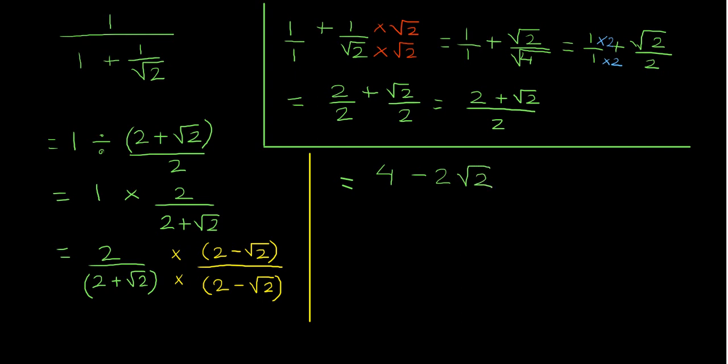All of that is going to be divided by, okay, I'm going to expand this, so 2 times 2, which is 4, and then 2 times minus root 2, that will give me minus 2 root 2, and then root 2 times 2, so that is plus 2 root 2.